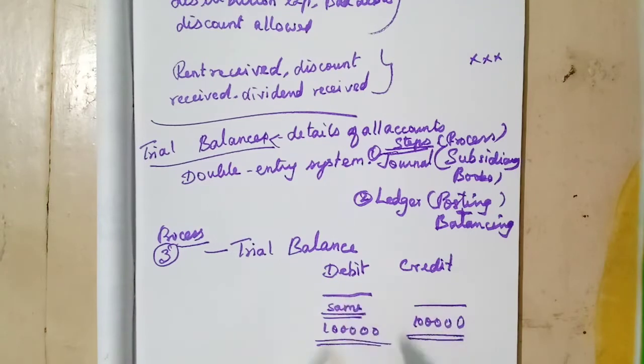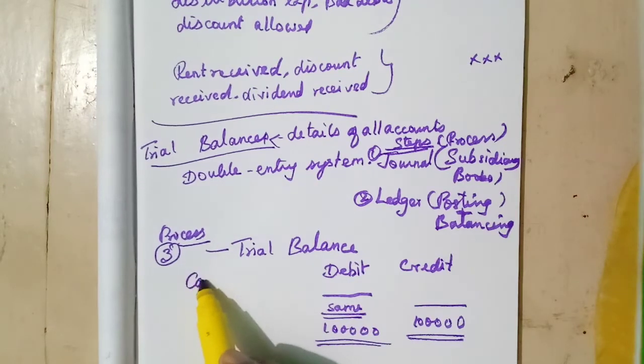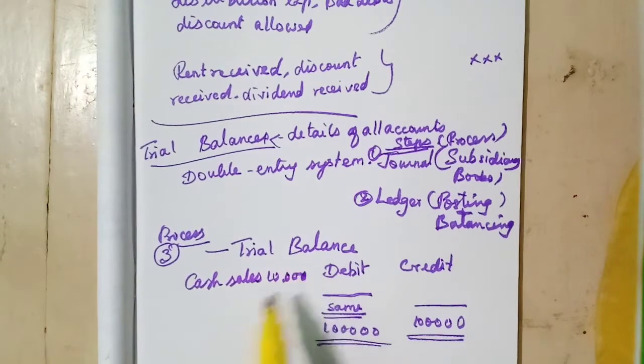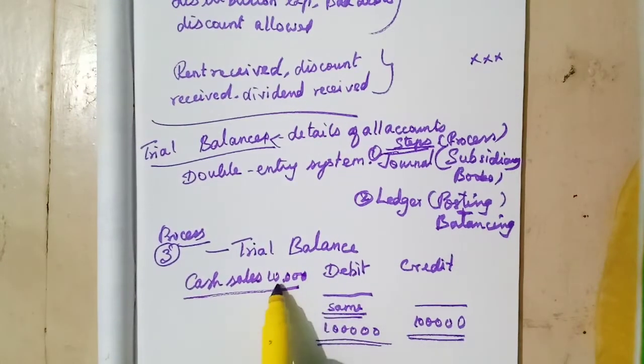For example, one transaction, cash sales 10,000. If we have not entered this in the journal, not posted it in the ledger accounts, and not entered the ledger balances in the trial balance, it will not show any difference. Here 10,000 will get reduced, so we will get 90,000, here also 90,000. So we may conclude that what we have done is correct.